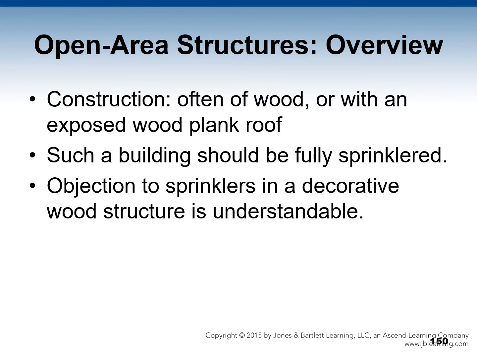Now we're going to discuss open-air structures. Construction involves wood, or it could have an exposed wood plank roof. Such a building should be fully equipped with sprinklers. But the objection to sprinkler piping in an open decorative wood structure is, of course, understandable.